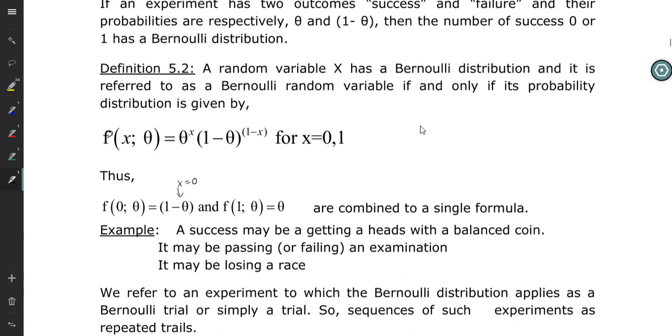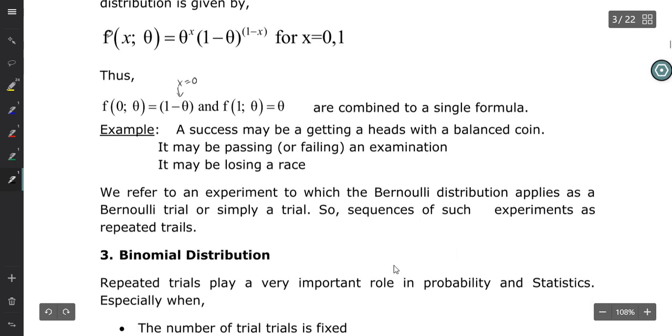But if you do this repeatedly, that means a sequence of such experiments as repeated trials, which means you toss this balanced coin many times, say 10 times, 15 times, then you end up with a series of successes or failures. If you want to model such a situation, then we go for the binomial distribution. That means repeated trials of a Bernoulli distribution becomes the binomial distribution.